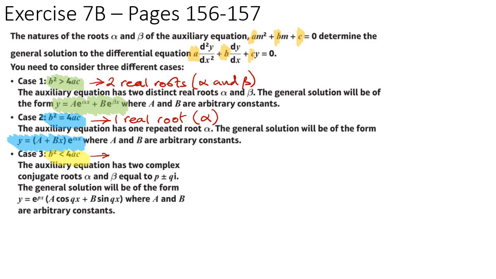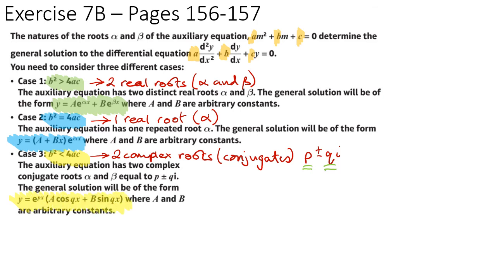Here we have 2 complex conjugate roots, and they're conjugates of each other, and those conjugate roots are going to be in the form p plus or minus qi. So it's these values of p and q that go into our general solution, which will be in this form.